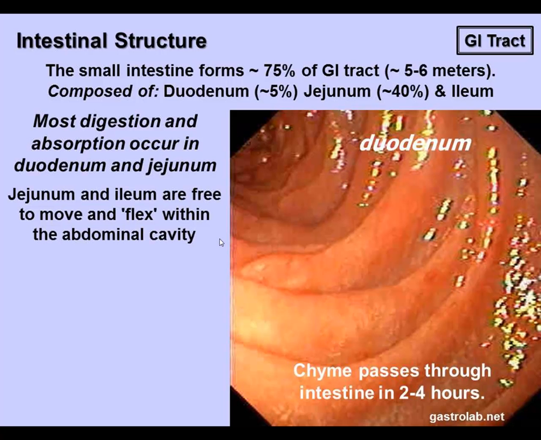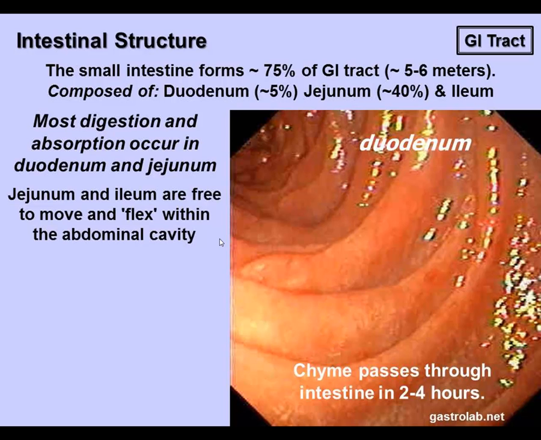The intestinal structure, again, the generic structure of the intestine, will have the same generic structure we talked about before: mucosa, submucosa, muscularis, and serosa or adventitia. A very small part of the small intestine will be the duodenum, that's about 5%, followed by the jejunum, that's about 40%, and then finally the ileum.